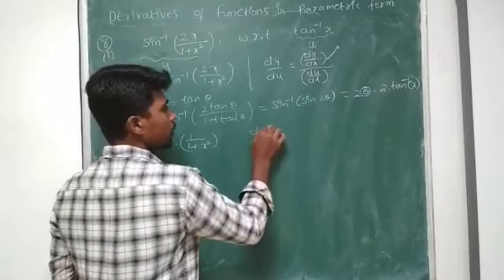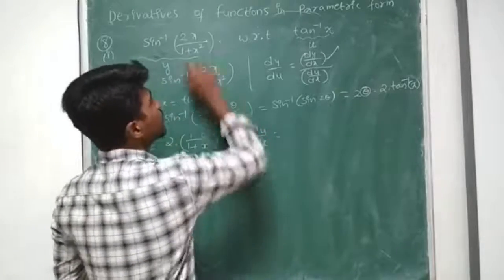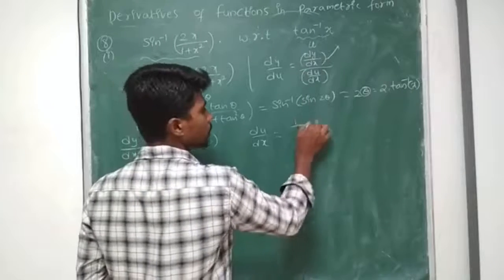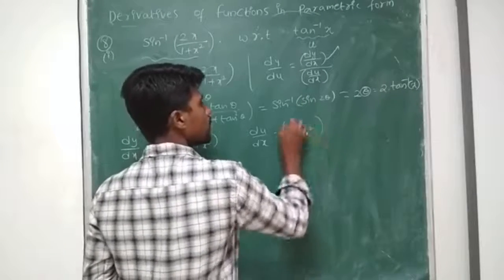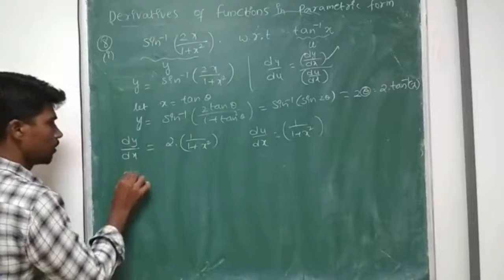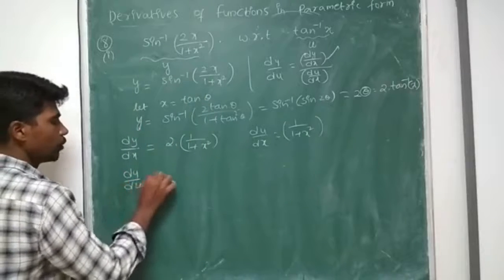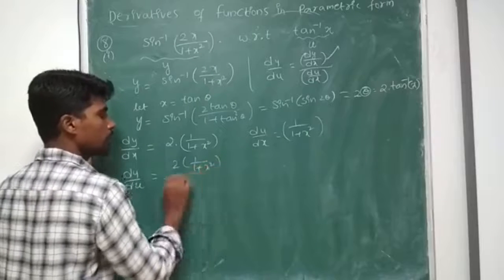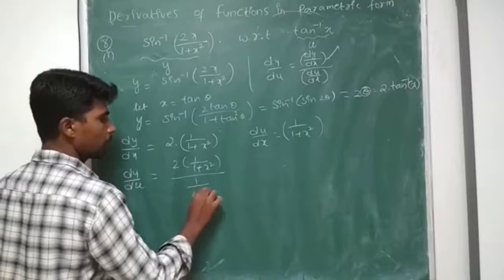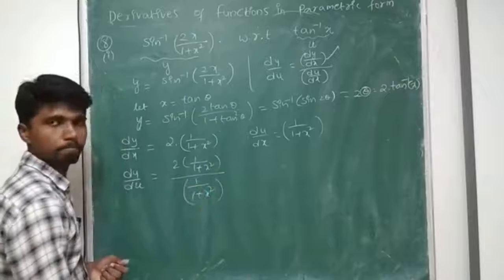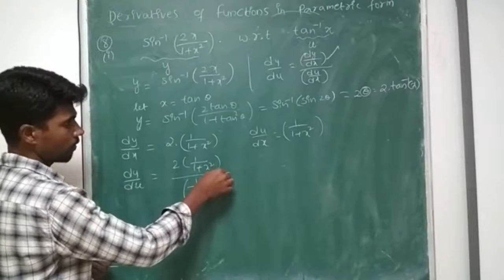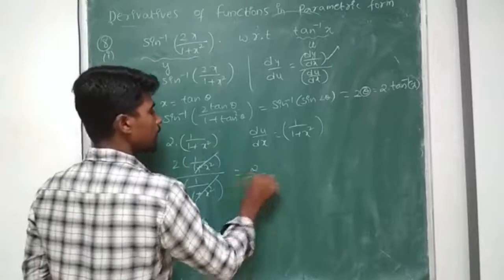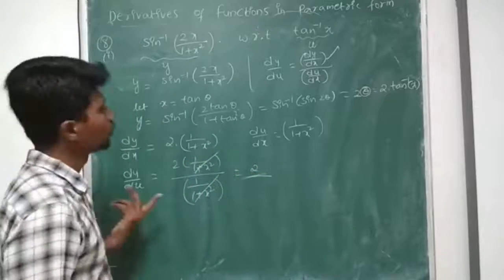Next, du by dx, u is tan inverse x, and its derivative with respect to x is 1 by 1 plus x square. Now dy by du is equal to 2 into 1 by 1 plus x square divided by 1 by 1 plus x square. The 1 by 1 plus x square terms get cancelled and we got the answer as 2.